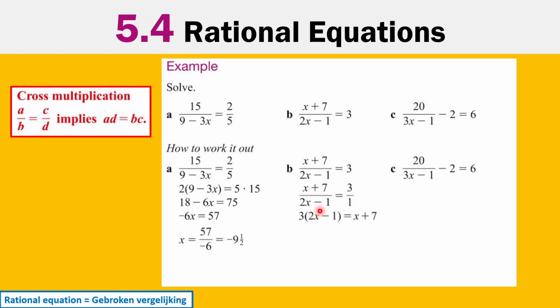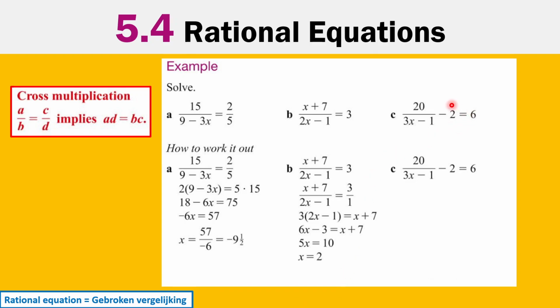Right, that's the new part. And now the part you should be able to do already, 3 times 2x, 3 times minus 1, you get this part. Get everything that contains an x to the left, get rid of the minus 3 here by doing plus 3 on both sides, and you find x equals 2.